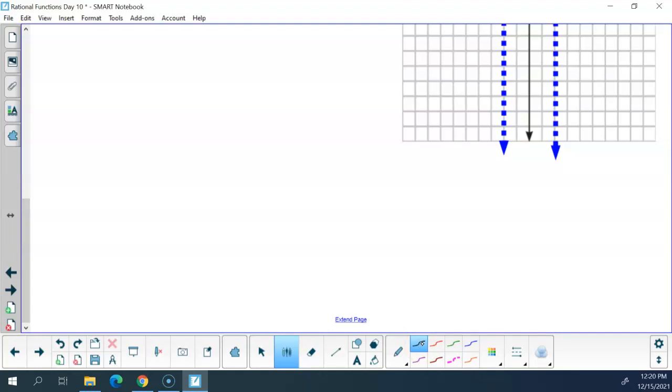No, because remember, it was x cubed minus 9x all over x squared minus 4. Can't synthetically divide if we don't have a linear divisor. We don't have a linear divisor, so we're going to have to go old school long division.